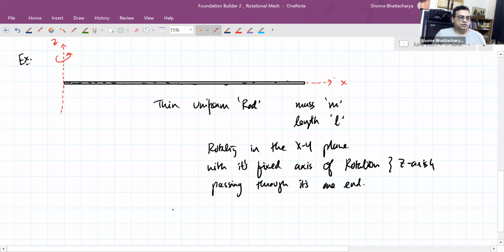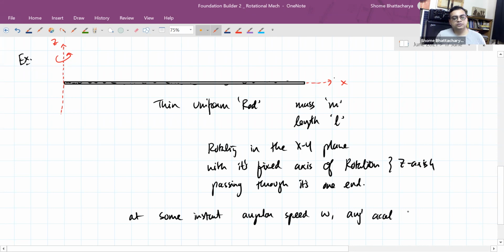Okay. So if at some instant angular speed is omega and angular acceleration has a magnitude alpha.